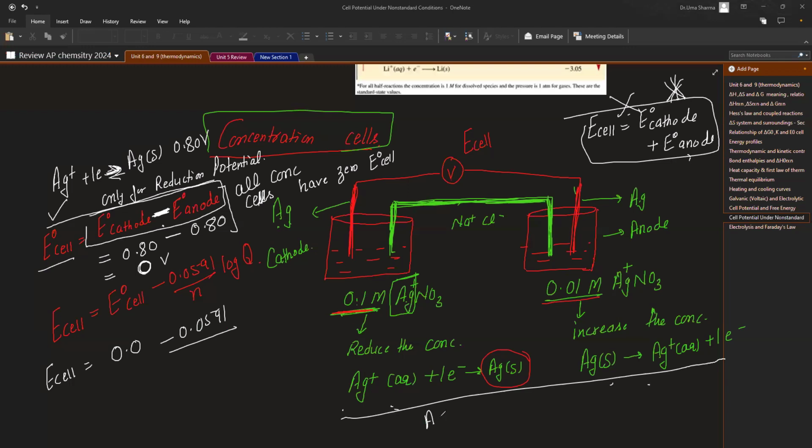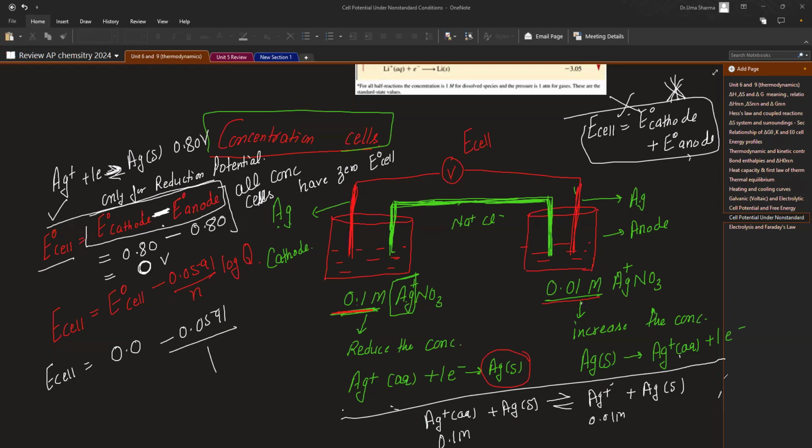The final equation will be silver plus aqueous, this silver plus is 0.1 molar, reacting with silver solid. I'm adding both the equations, giving me silver plus aqueous, this silver plus, which is 0.01 molar, plus silver solid. Look at the equation. Can you see the difference here? Ramsey is right, N is 1.